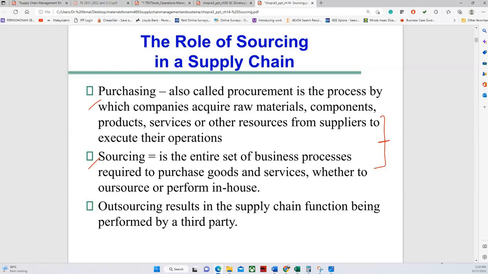For example, if you are an expert in electrical and you work in a car company, you will fall under a purchasing group for electrical parts. If you are more into stamping, you will fall under purchasing for stamping raw materials, for example, because you are the expert and you know what kind of process happens in the factories.